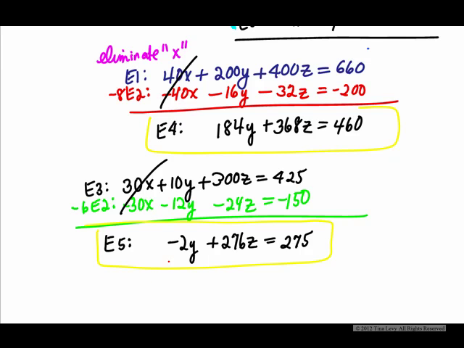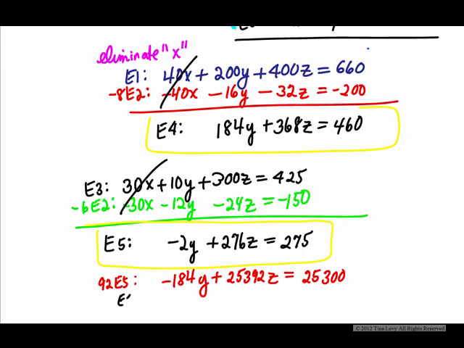So I'm going to multiply equation 5 by 92, equation 5, which is negative 184y plus 25,392z equals 25,300.